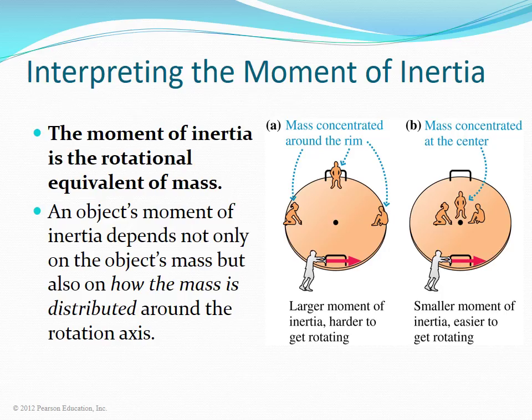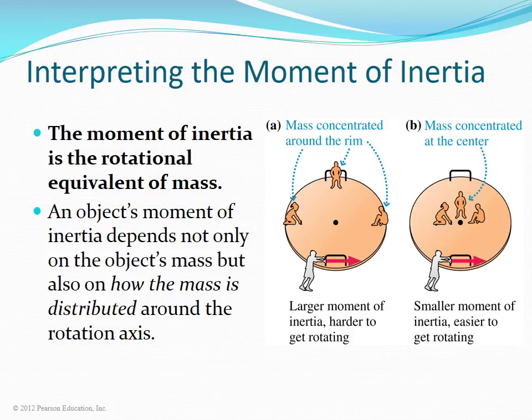The moment of inertia is the rotational equivalent of mass. An object's moment of inertia depends not only on the object's mass, but also on how the mass is distributed around the rotation axis. If the mass is concentrated around the rim, as in figure A, the larger moment of inertia means the merry-go-round is harder to get rotating.